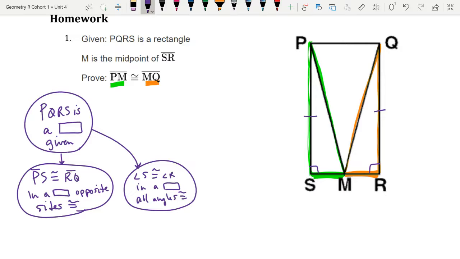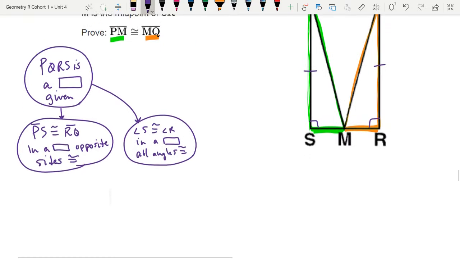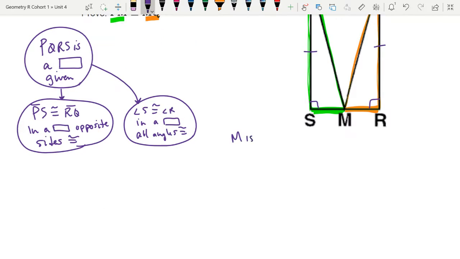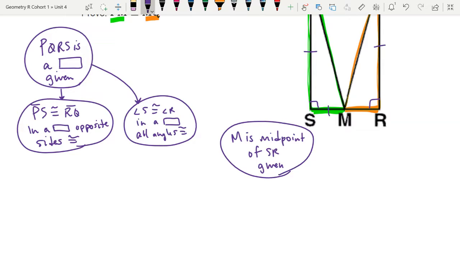The next given says M is the midpoint of SR. That was given. Midpoints bisect the segment.